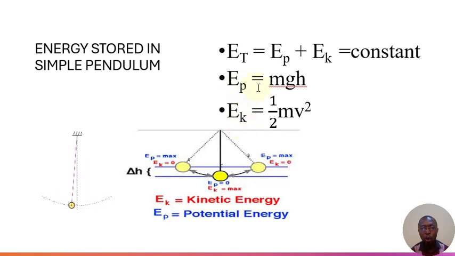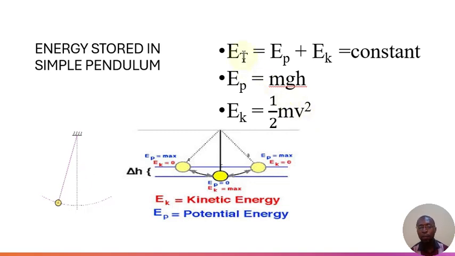The potential energy stored by a swinging pendulum by formula is mass times acceleration due to gravity times height, where m is the mass of the pendulum bob, g of course is a constant which is 9.8 or 10, and h is the height of the pendulum bob. Then the kinetic energy formula is half m v squared, where m still remains the mass of the bob and v is the velocity of the swinging pendulum bob.